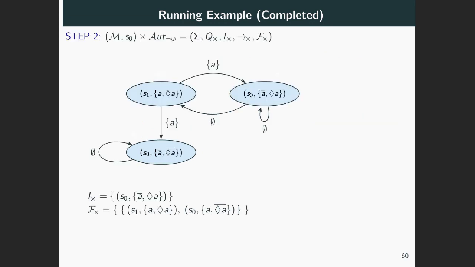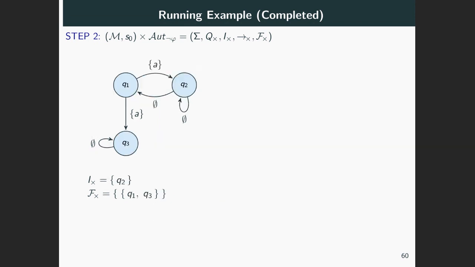In step 2, we build a product automaton between the transition system with its chosen state and the automaton. Again, we have already done this as part of our running example, and the resulting product automaton is shown here. Let's clean it up a bit by calling its states Q1, Q2, and Q3.